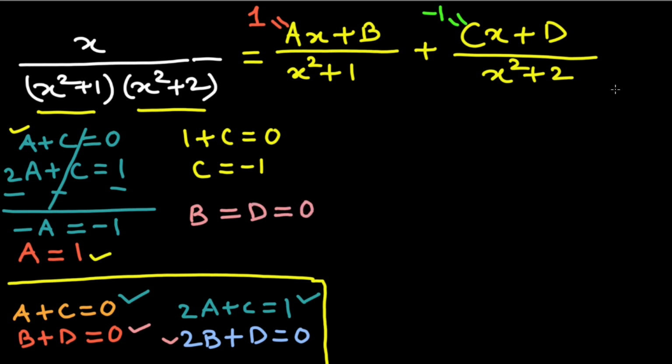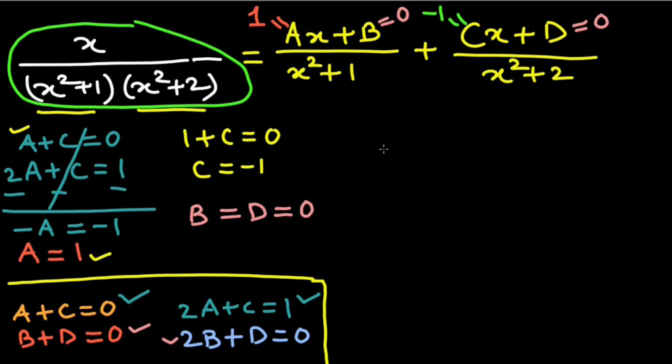So we write b equals 0 and d equals 0. So the partial fractions of this rational function will be x by x square plus 1 minus x by x square plus 2.